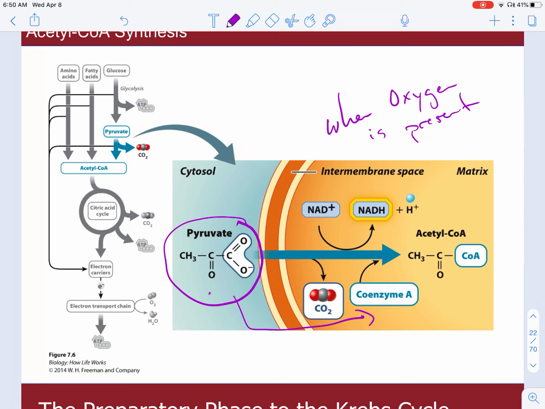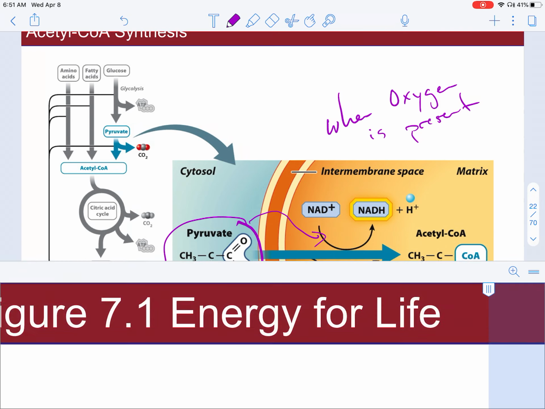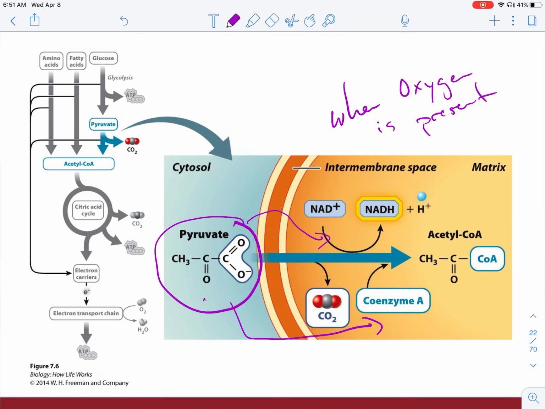We actually don't use oxygen there. The only place oxygen comes in is in oxidative phosphorylation in the last step of cellular respiration. But there are mechanisms in place so that you don't begin the process of breaking down this pyruvate unless the cell knows that oxygen will be there by the end of the process.